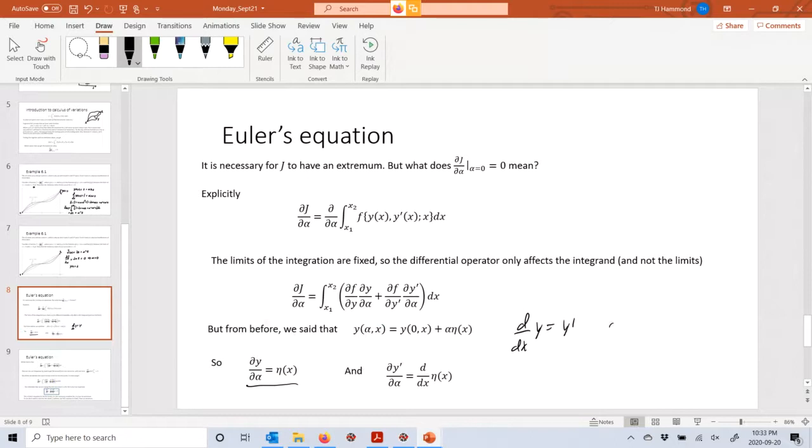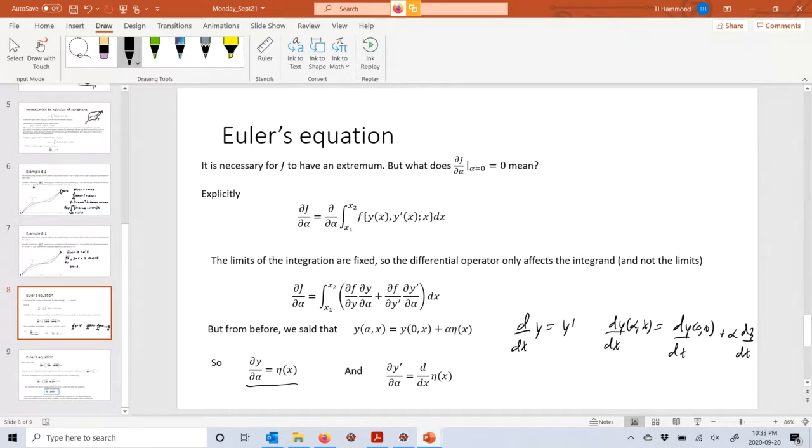But dy by dx is going to give us dy0 by dx plus alpha d eta by dx.